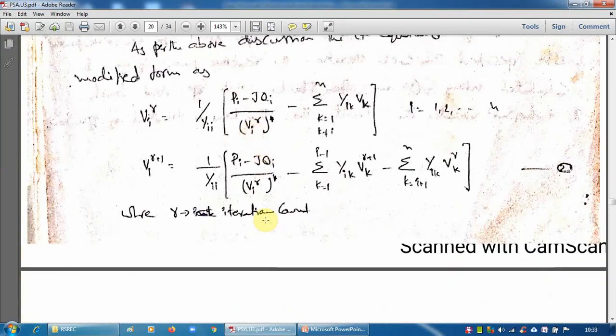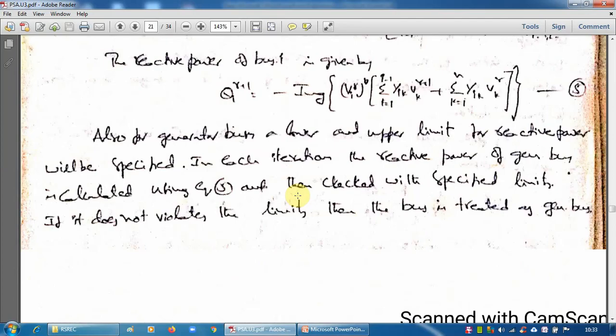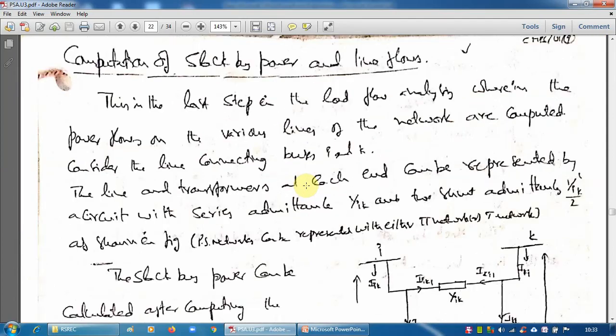That is the Gauss-Seidel method. Next, once all the buses are taken into account, comes the calculation of slack bus power. I think it is sufficient now without overloading you with a lot of data.